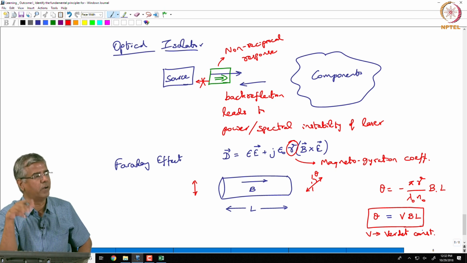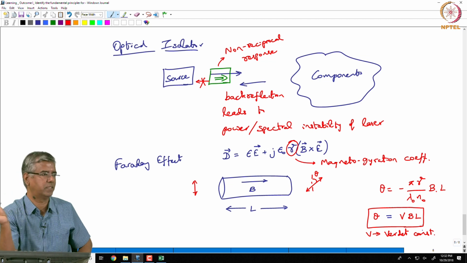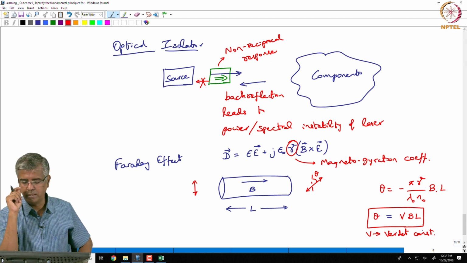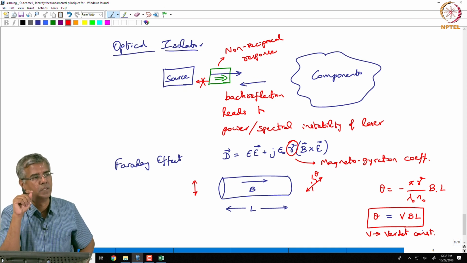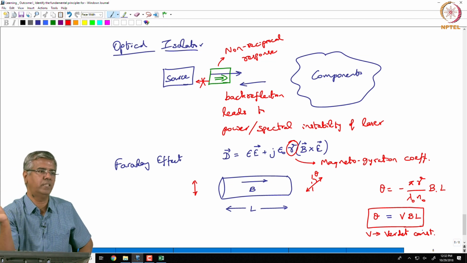So, by modulating B, you can achieve modulation of the polarization state. Okay. And it's also dependent on the sign of B, right. So, if the B is in the opposite direction, the rotation will be in the opposite direction.